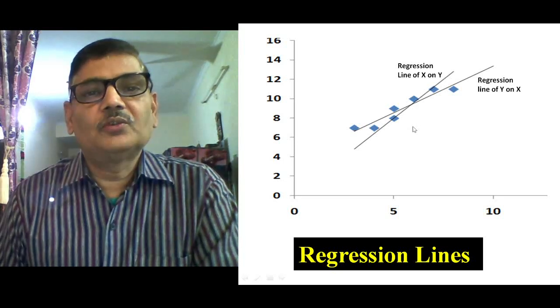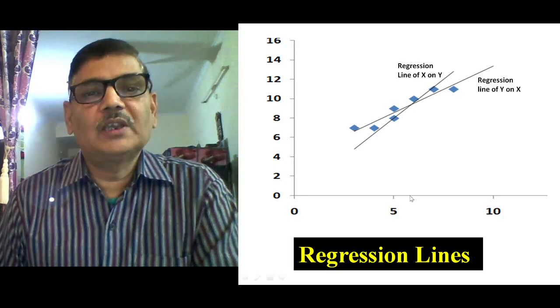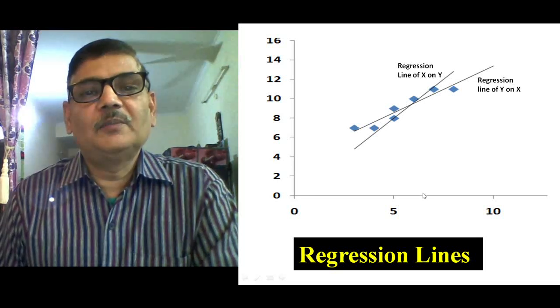If you come to the x-axis, just below the x-axis, this particular value will be the mean value of all x values. Means if all x values are added and their mean is taken, then the mean value will fall exactly over here.